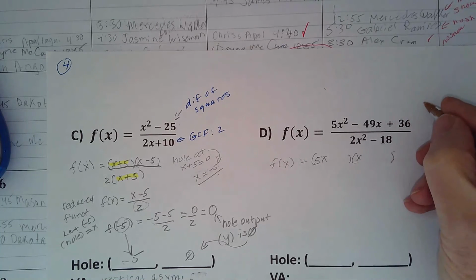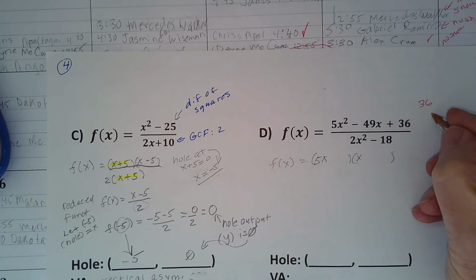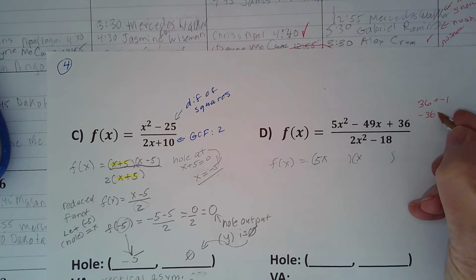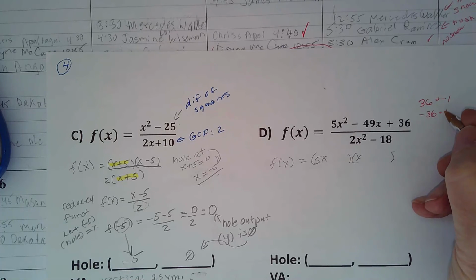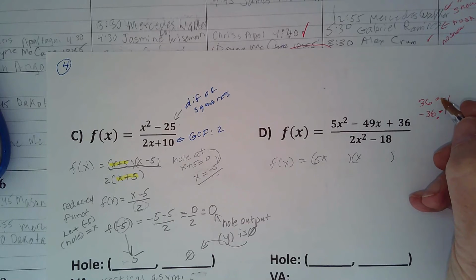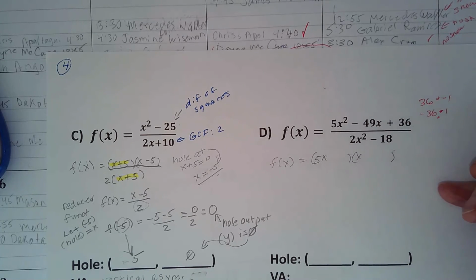We can take 36 times negative 1. We could take negative 36 times 1. I'm sorry, 36 times negative 1, pardon me. So you've got to end up with negative, so you have to have positive negative, it looks like.